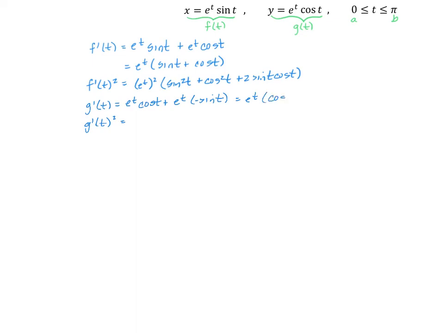This becomes cosine of t minus sine t. So squaring the e to the t, and then the square in the parentheses would be cosine squared plus sine squared minus 2 sine cosine.